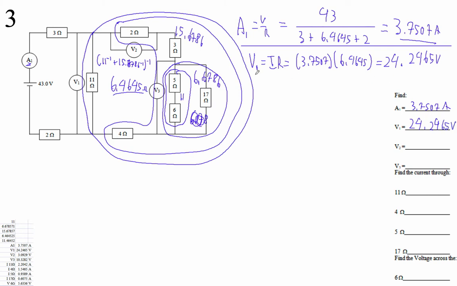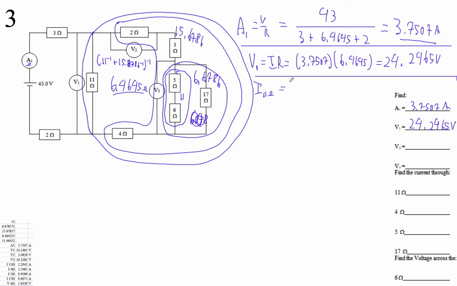All right. What does that let us do? Oh, now we can figure out the current through the 11. Let's do that. And then the current through the 4 ohm, right? The current through the 4 ohm is the current going through this mass, and through this. All right, so let's figure those out. So let's go current for the 11 ohm.